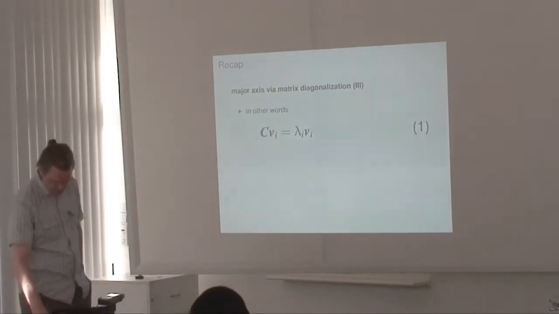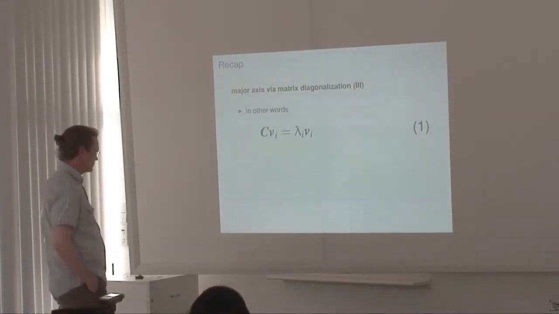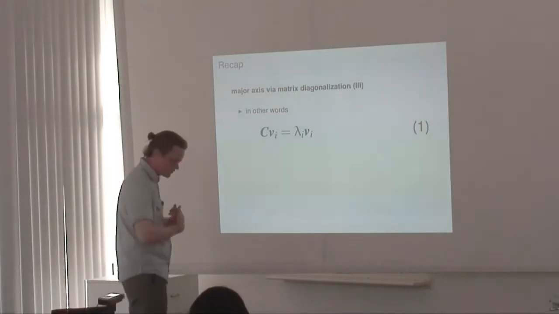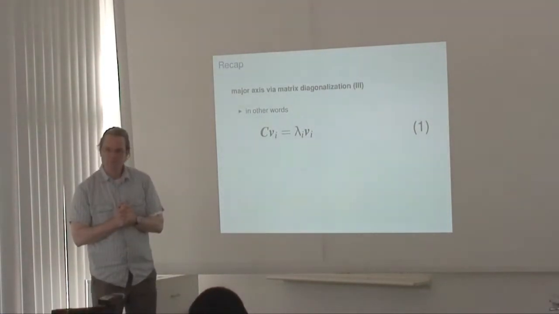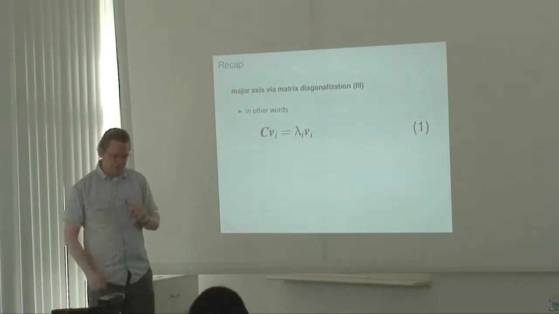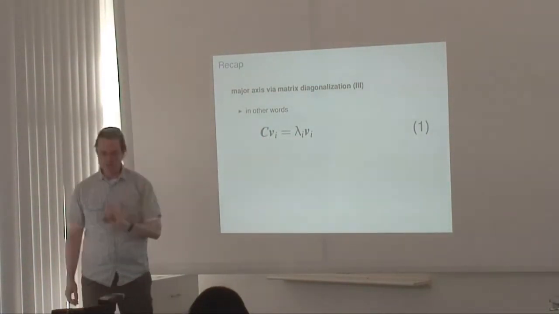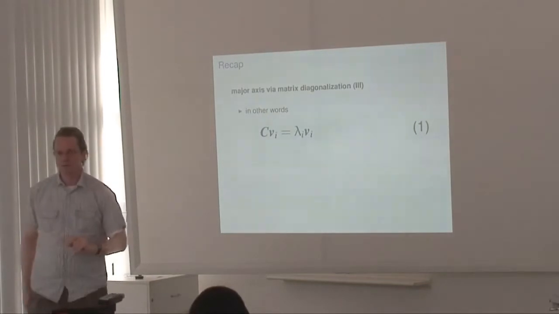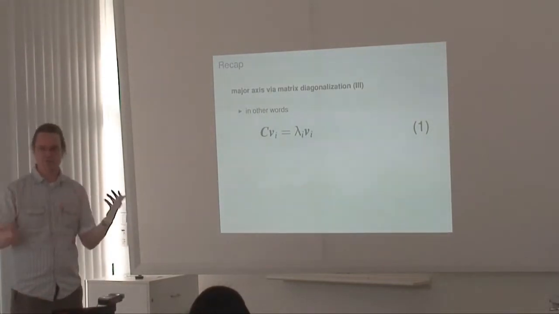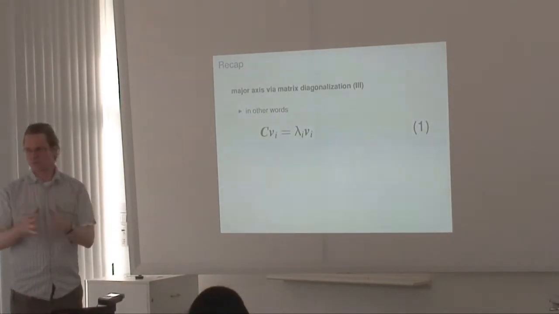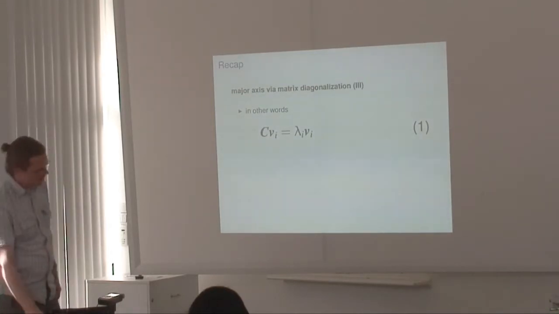And this is to say that we are dealing basically with two equations here. Both are of the form C times Vi equals lambda i times Vi, and i assumes a value of 1 or 2, depending on what column we're talking about.